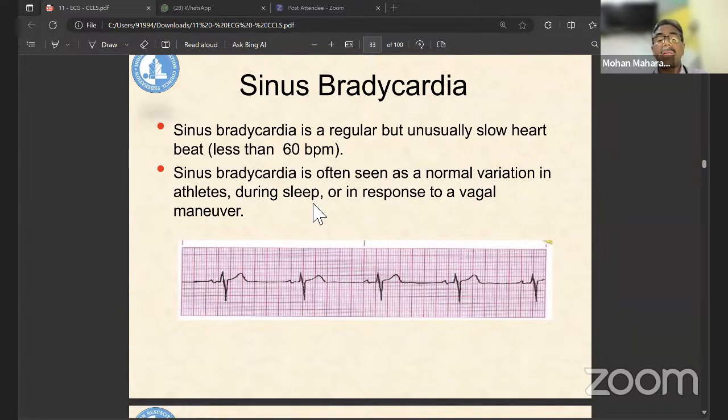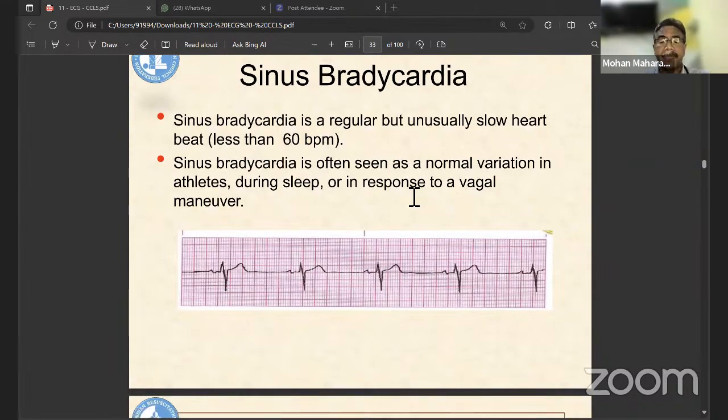For example, there can be normal variations in athletes, and hardworking farmers also have a lower rate. It is also seen during sleep, like sleep apnea, and in response to a vagal maneuver, which is nothing but carotid massage for SVT, or blowing, or a modified maneuver where you put the patient flat for 15 seconds, raise the legs and see after 1 minute. These are different modified Valsalva maneuvers. When you do that vagal maneuver, the rate can change.